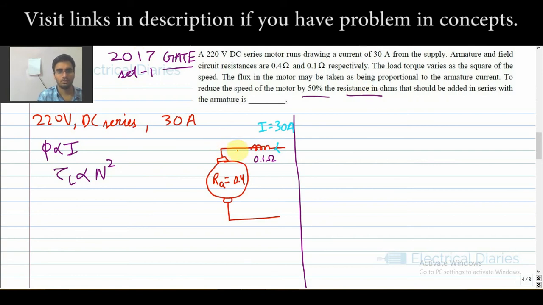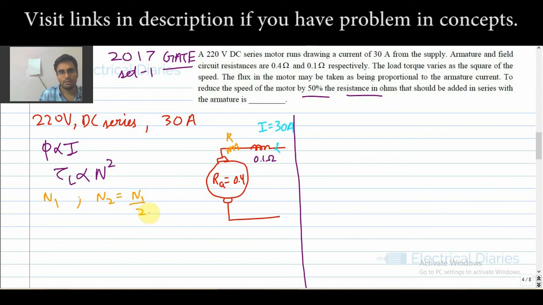Let me say this much resistance we have to add so that the speed of the motor is reduced to 50%. So let us say that initially the speed was n1, and now the speed is n2, which is n1 by 2 according to the given relation.